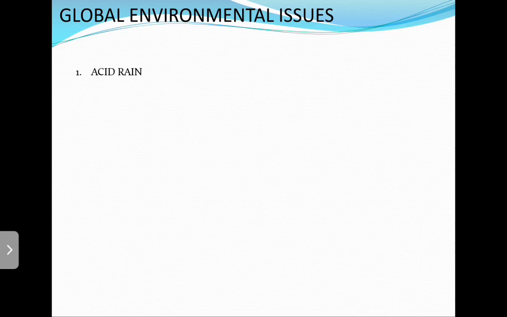And this sulfuric acid and nitric acid fall along with the rain, and when it falls on human bodies or any animal or any structural elements, it corrodes them. Definitely acid rain is a global environmental issue nowadays, so we have to limit the emission of SOx and NOx to the atmosphere. And the second is ozone layer depletion, and we'll discuss it in detail in further slides.